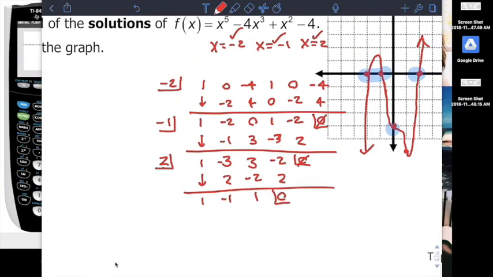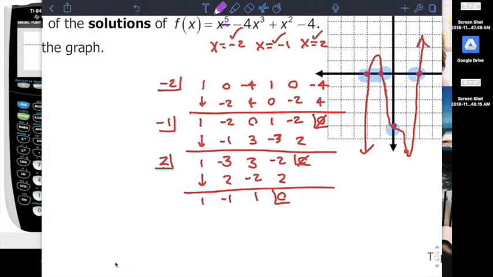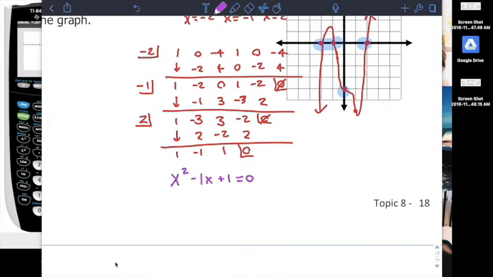Now, since we did synthetic division 3 times, that means you're going to decrease this power right here, 5. You're going to decrease it 3 times. So this will be 1x squared, and then minus 1x, and then plus 1 here at the end. Then what we're going to do is we're going to set that equal to 0, and then to find the imaginary solutions, the only other way we're going to be able to do this is using your quadratic formula, which is negative b plus or minus the square root of b squared minus 4ac, all divided by 2a.